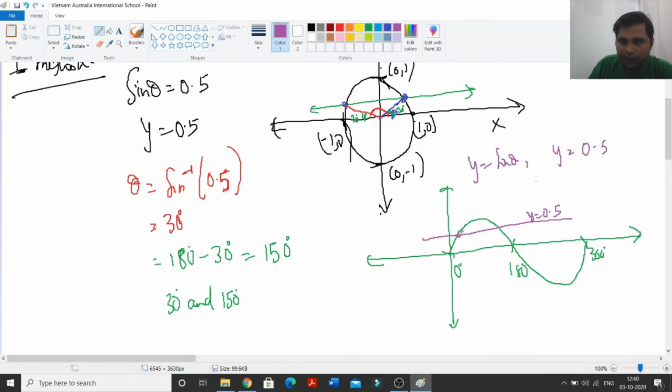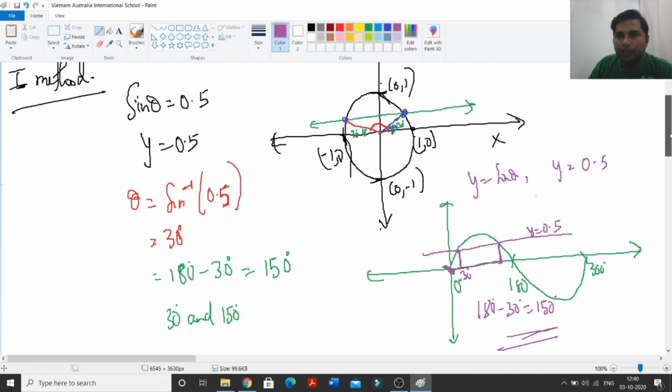These are intersecting at 2 points. This angle is 30 degrees, so this particular distance is also 30 because the graph is symmetrical, but we want the answer from here. That's why we'll do 180 minus 30, which will give you 150 degrees. Okay, so this is another way to get the answer.